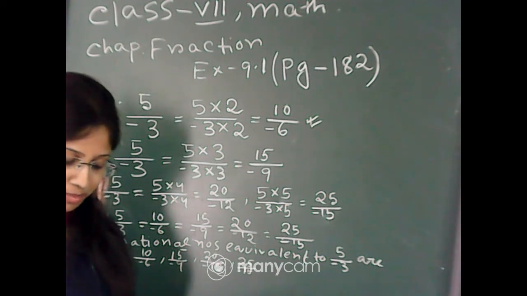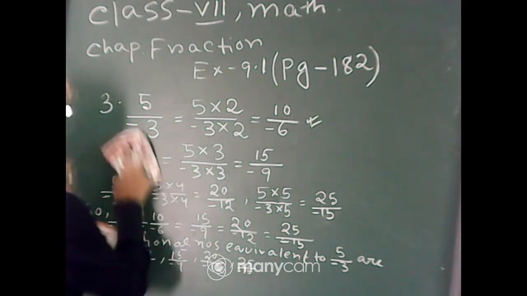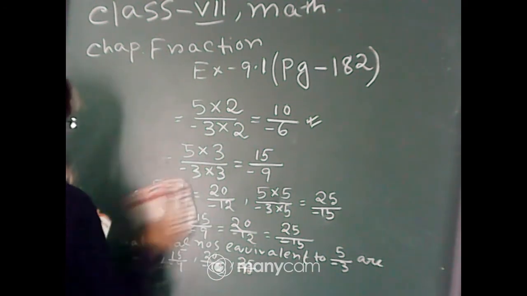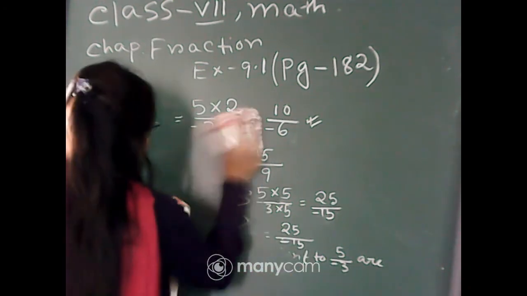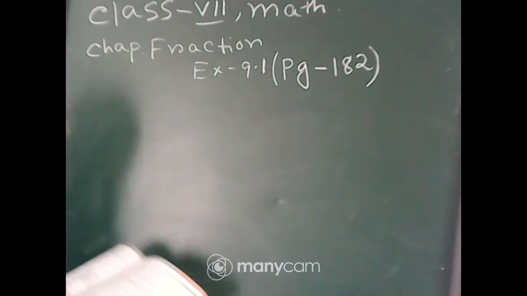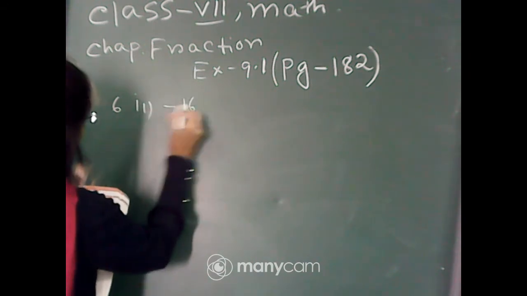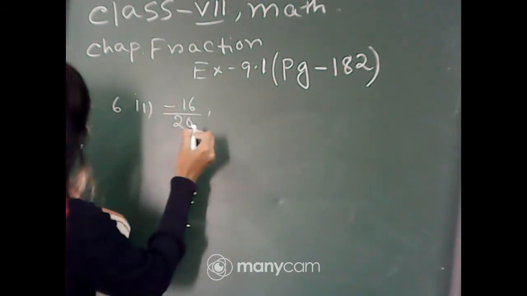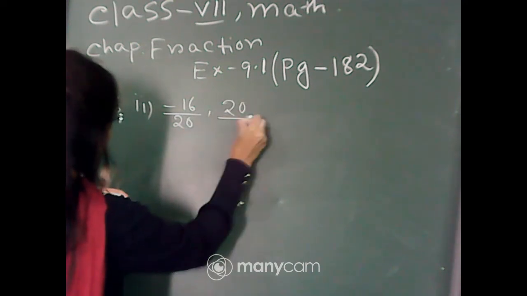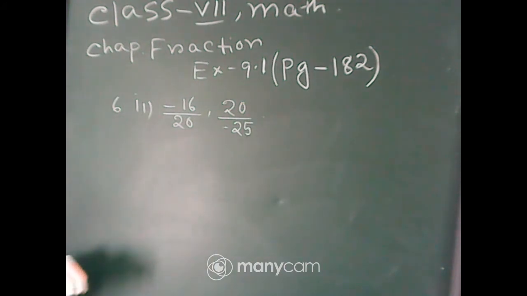Here the given pairs are minus 16 divided by 20 and 20 divided by minus 25.